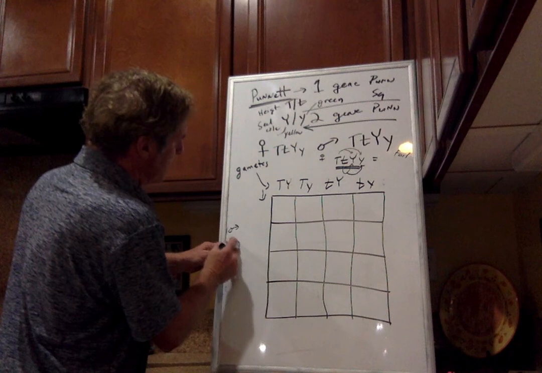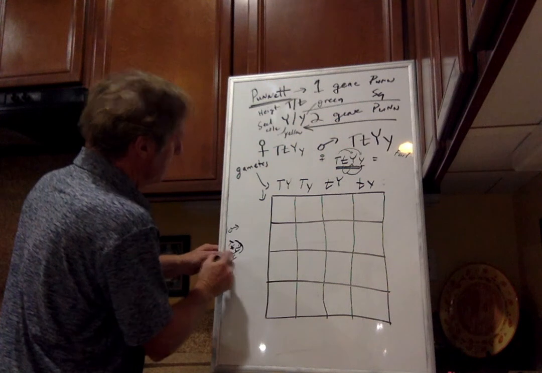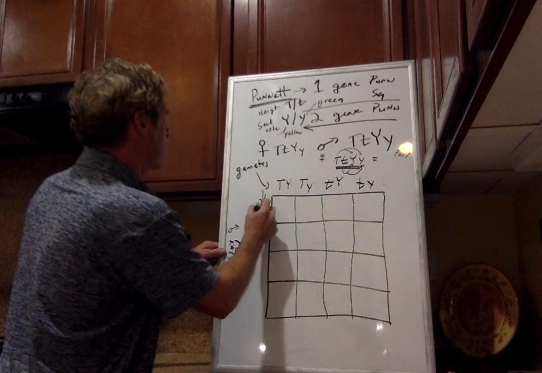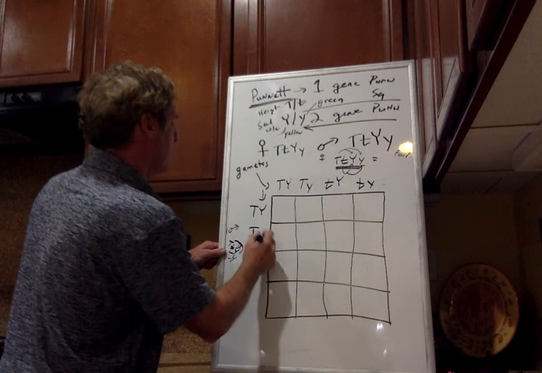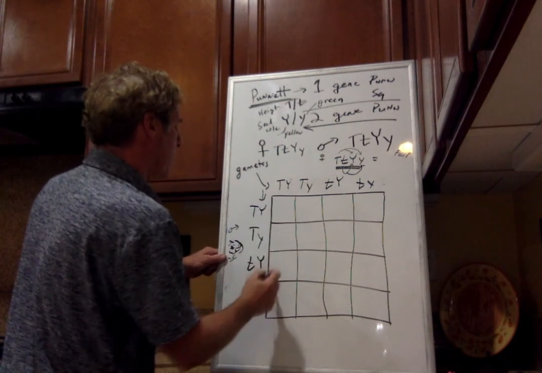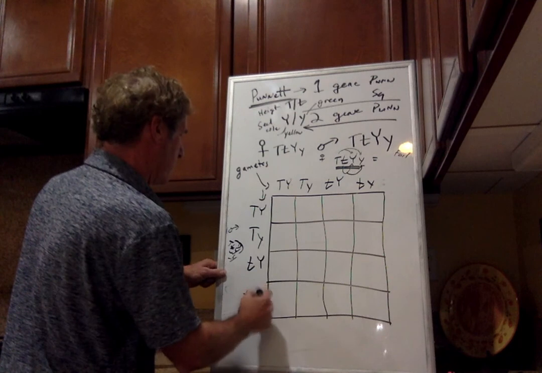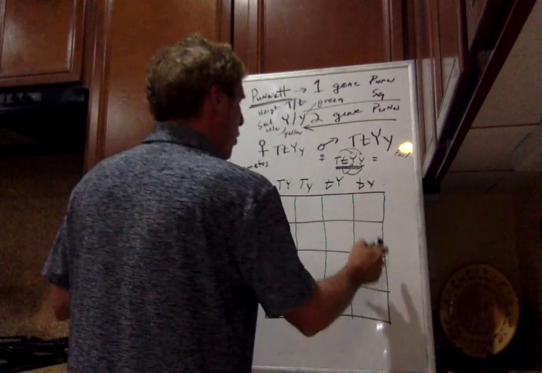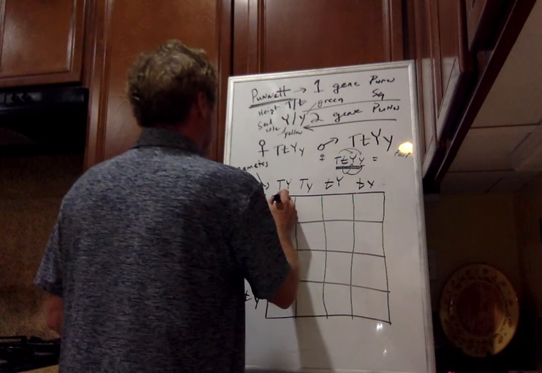You would have to do the same FOIL here, and you would get the same things: big T, big Y, big T, little y, little t, big Y, and little t, little y. Then you have to cross every one of these. So I'm just going to do a couple.